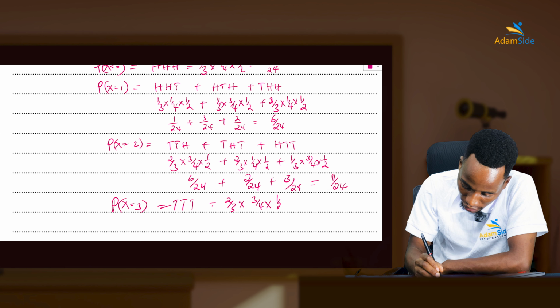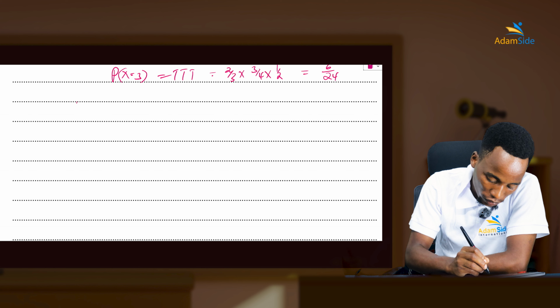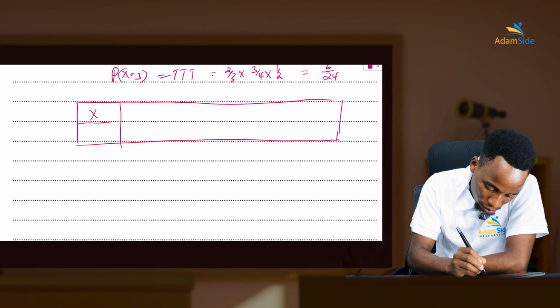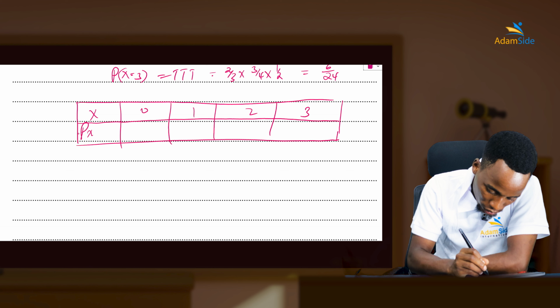So now if we draw our probability distribution for random variable X, which is the number of tails, X can take the numbers 0 tail, 1 tail, 2 tails, or 3 tails. So here it's P of X equals small x.